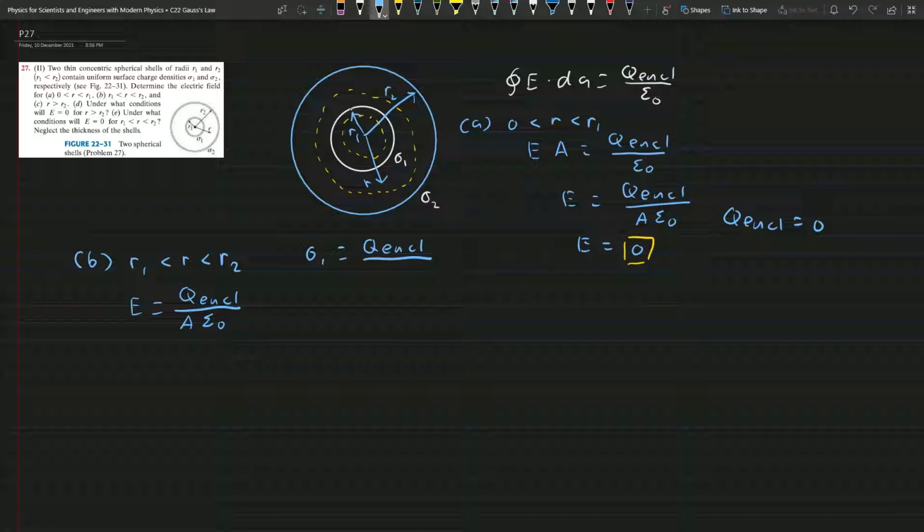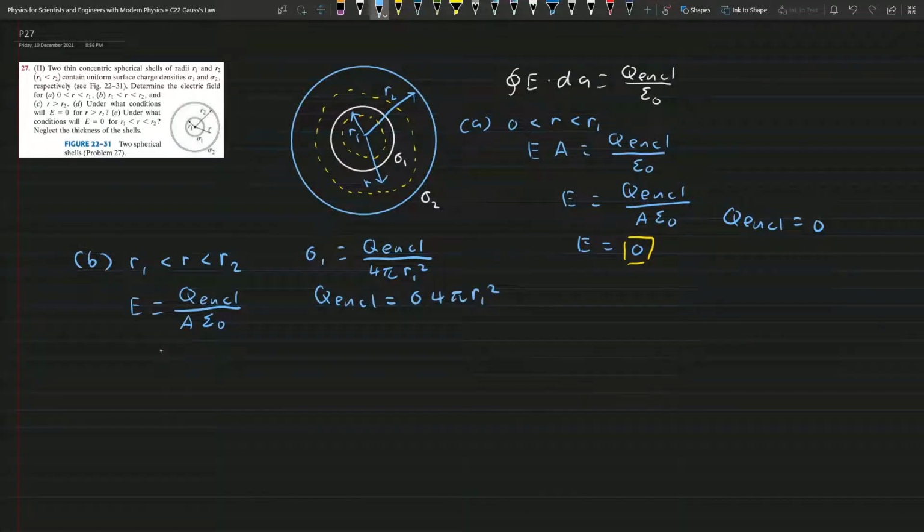In this case, this area is the area of a spherical shell. That means this is 4 pi r1 square. So from here we know the charge enclosed is equal to sigma 1 times 4 pi r1 square.